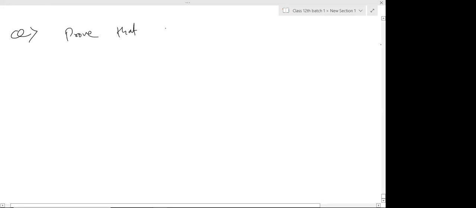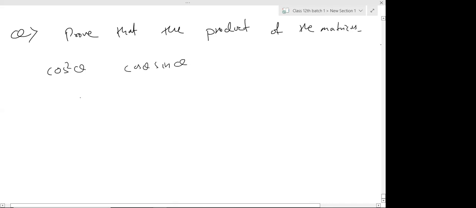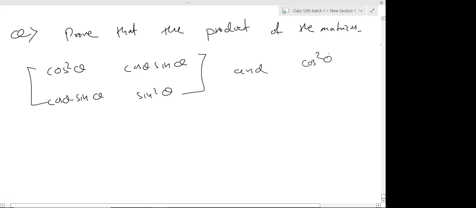Prove that the product of these matrices, cos square theta, cos theta sin theta, cos theta sin theta, and sin square theta, and cos square phi, cos phi sin phi, cos phi sin phi, and sin square phi, is the null matrix when theta and phi differ by an odd multiple of pi by 2.